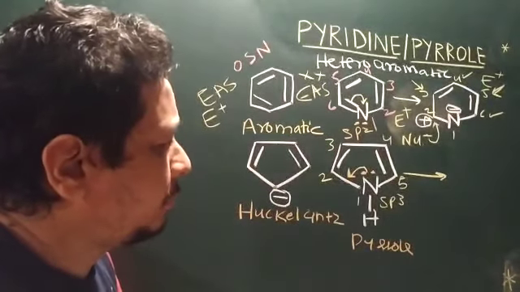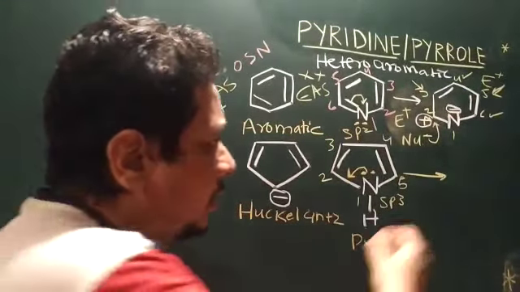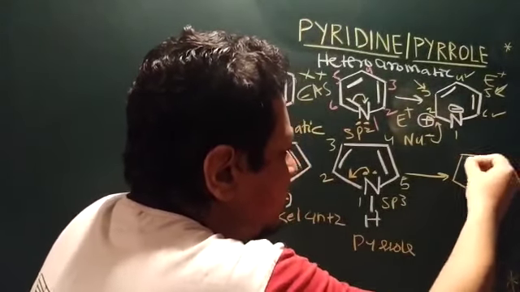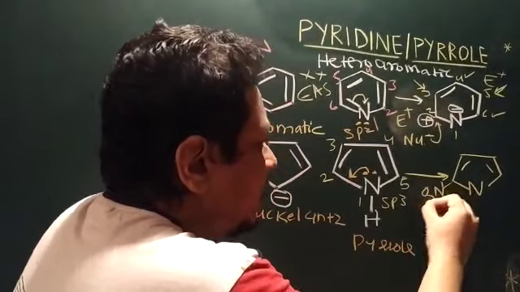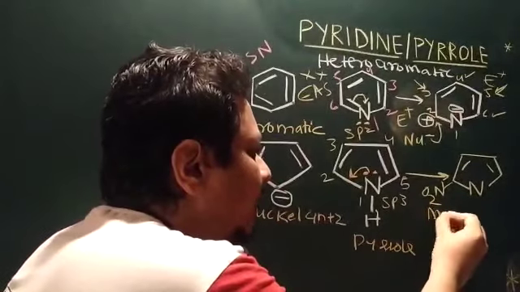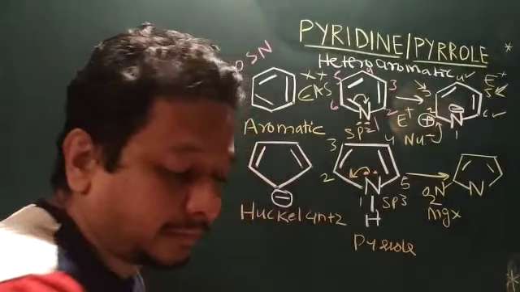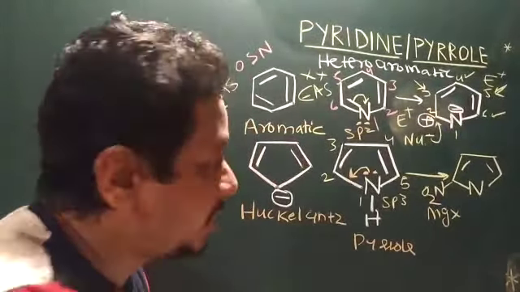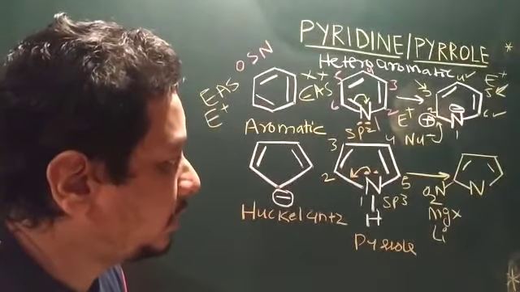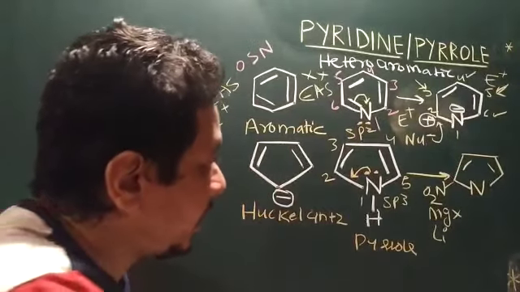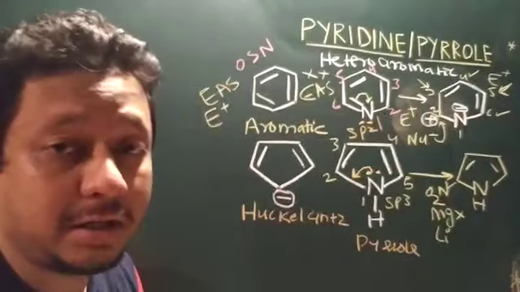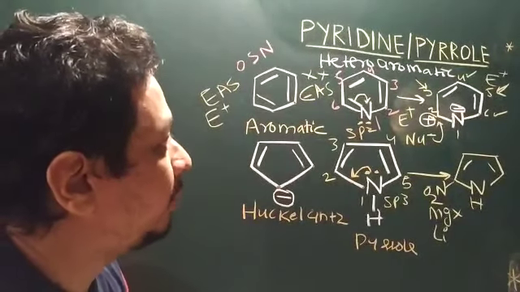So at both positions pyrrole can undergo electrophilic aromatic substitution, like nitration, or I can add MgX, that is a Grignard reagent, or I can add lithium, an organolithium compound. So this is a fact that pyrrole can very easily give electrophilic aromatic substitution, but pyridine cannot. Pyridine is favorable for nucleophilic substitution.